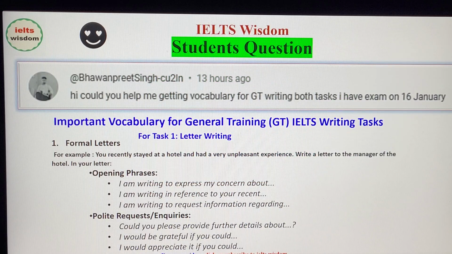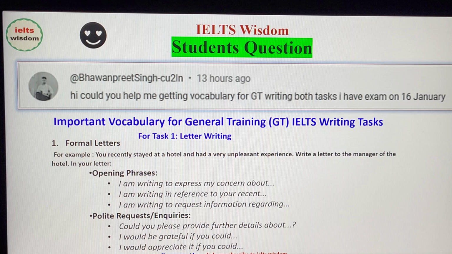This is a question asked by a student, Pawanpreet Singh. He was asking, could you help me with vocabulary for general training writing, both tasks, task one and task two, because my exam is on 16th January.